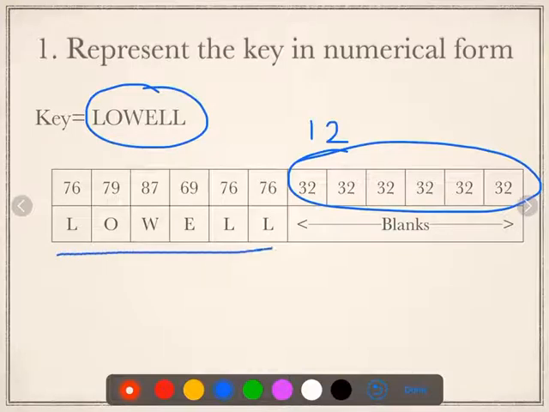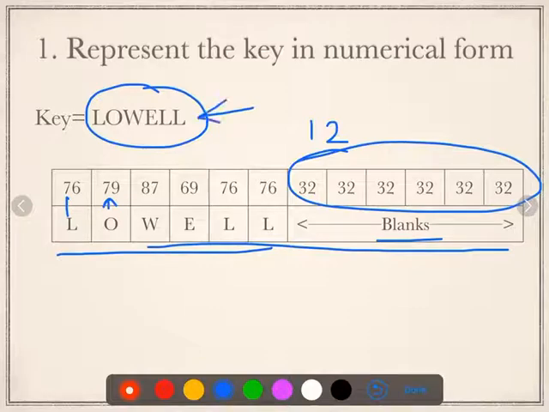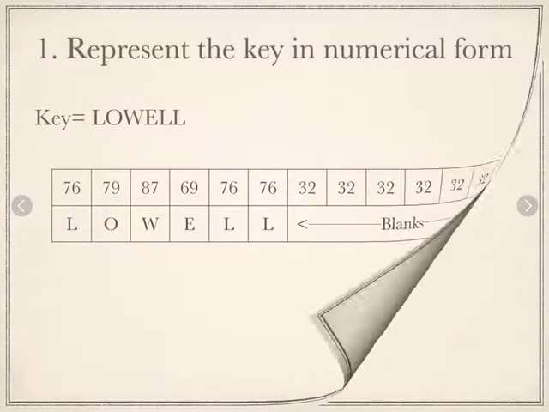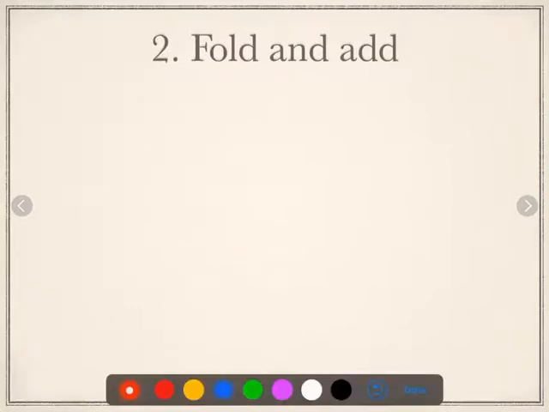So for Lowell, for each one we are just taking the ASCII values as shown, and even for the blanks you have an ASCII value which is your space. So the ASCII value for the blank is 32. So we are just filling in this format by converting the key which is in a string format into a numerical format.